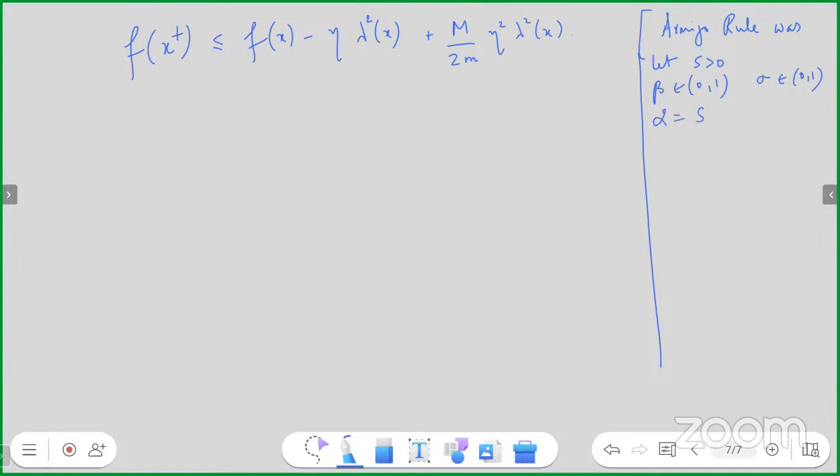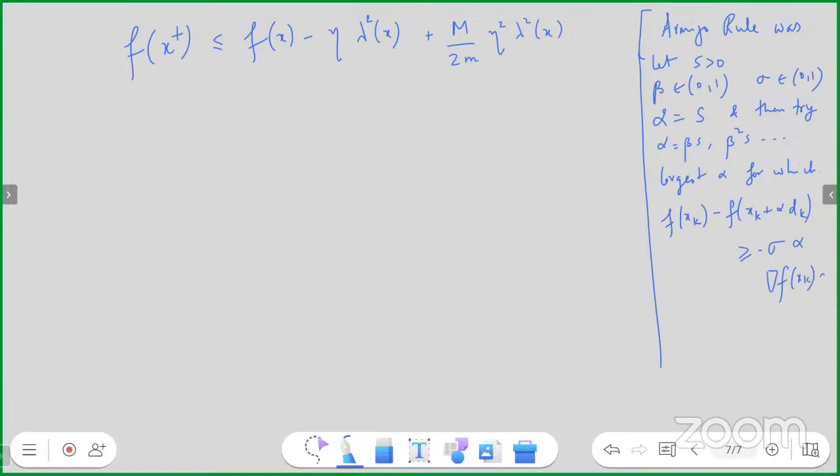You start with the step size alpha equal to s and then try alpha equal to beta s, beta square s, and so on until the largest alpha for which the decrease is bounded, which is f of xk minus f of xk plus alpha dk is greater than or equal to minus sigma alpha times the gradient. That's your Armijo.